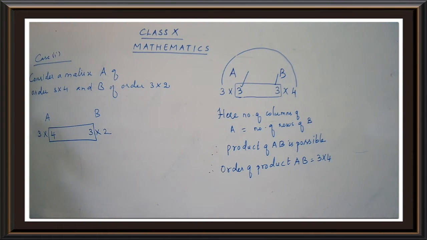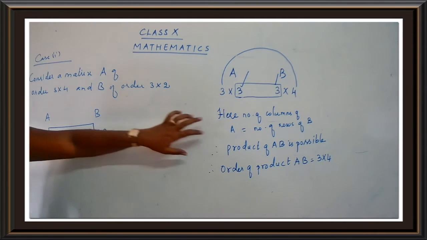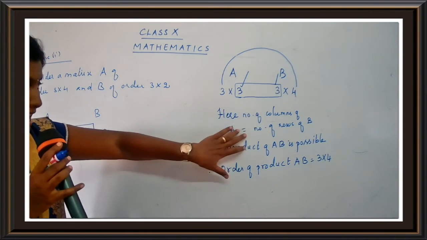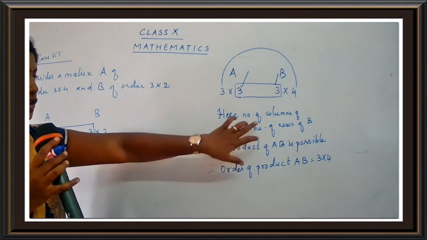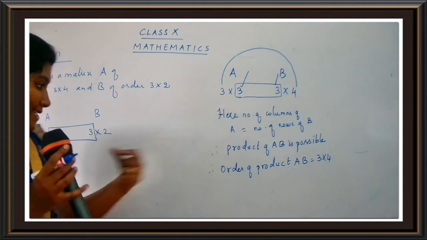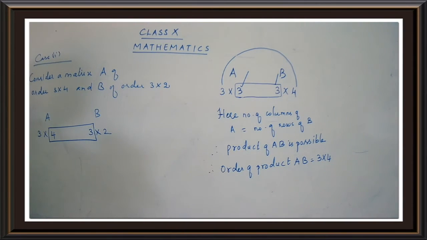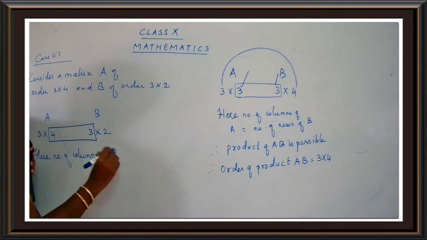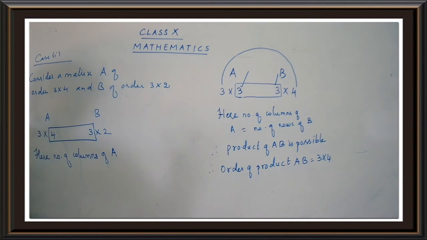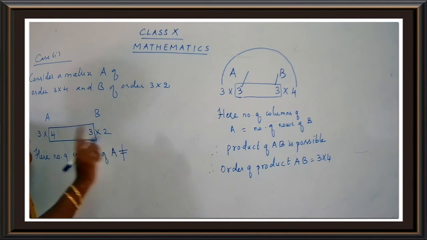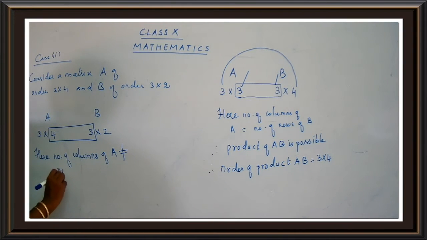Yes. I hope you would have got an idea. Here what was the condition? See, the number of columns of A is equal to the number of rows of B, but here they are not equal. So write down here: number of columns of A is not equal to number of rows of B. That is, this is 4, this is 3.